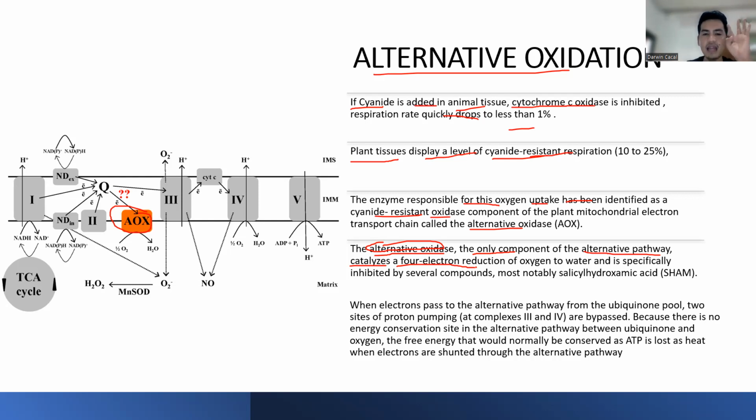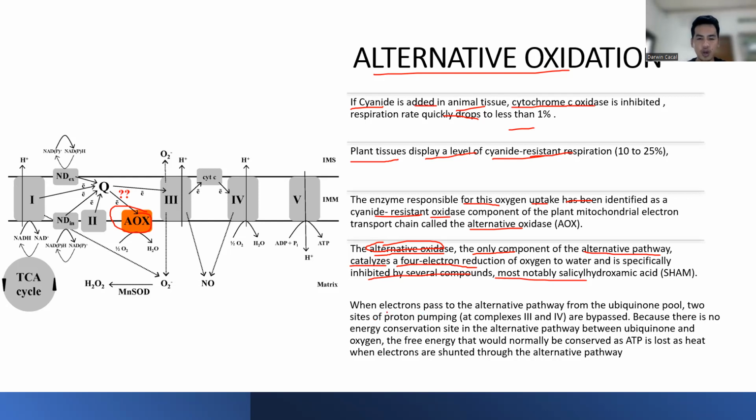So the normal electron produced for the release of energy and for the production of what we call ATP needs 4 electrons. Okay? So specifically, it is inhibited by several compounds. So most notably is salicylhydroxamic acid, or SHAM.